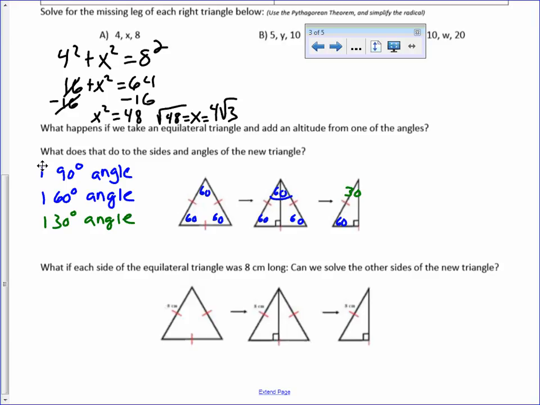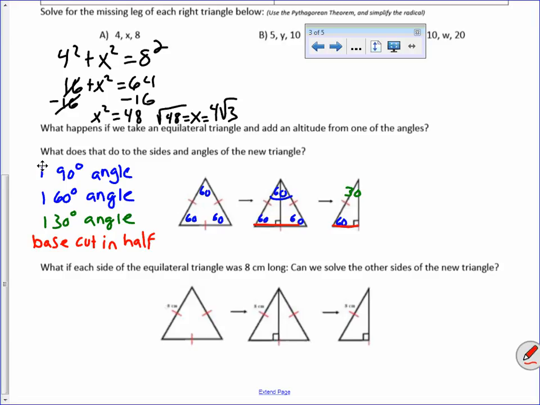And the last thing that happens is that the base is only half of what it once was. So our base is cut in half. So that's what happens if you take an equilateral triangle and you add an altitude to it.